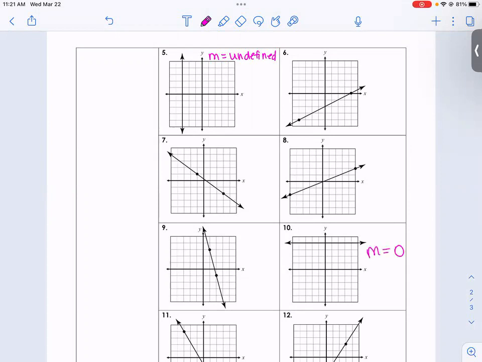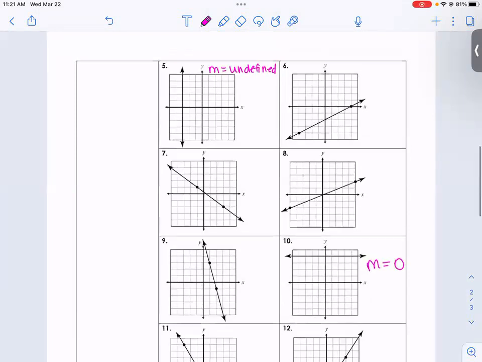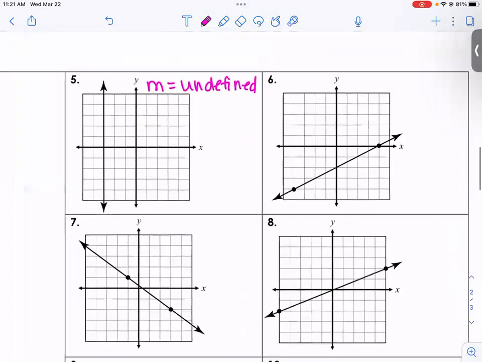I want you to go ahead and write m equals 0. 0 fun to cross country ski. So 0 fun, 0 slope, okay, but this one's undefined.